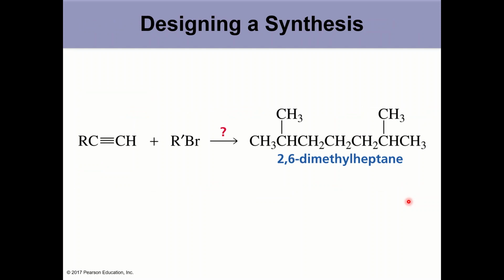Okay, looking at another example. Designing a final synthesis. So we're going to start with a terminal alkyne of undetermined number of carbons. And so you have to pick a position in your final product where there is the potential to have a triple bond.